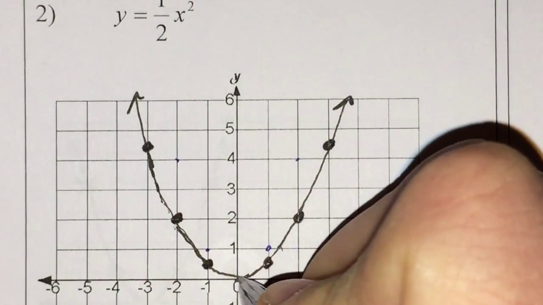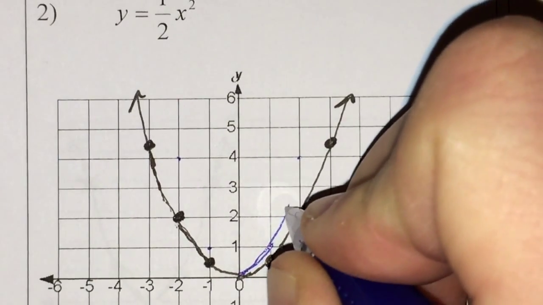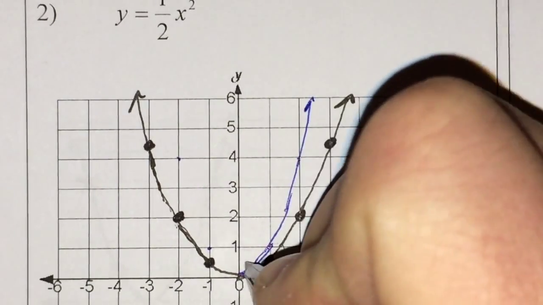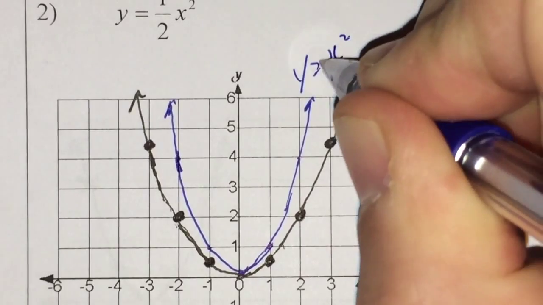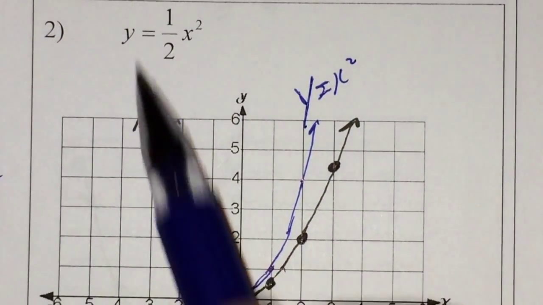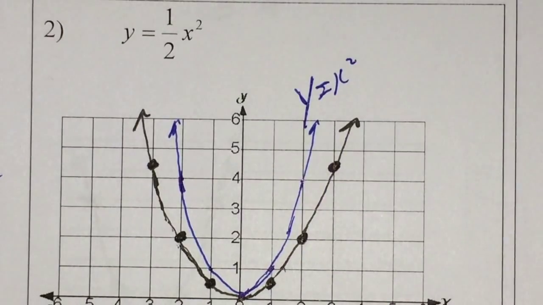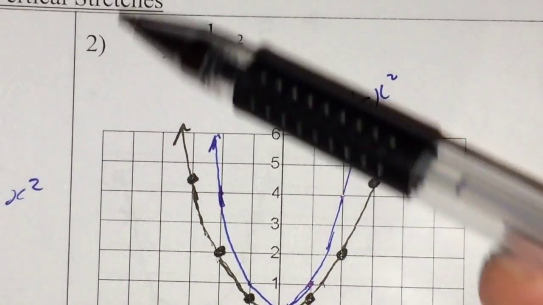So y equals x squared would look like this blue one here, and y equals 1/2 x squared would be compressed. So that is the effect of a vertical stretch.